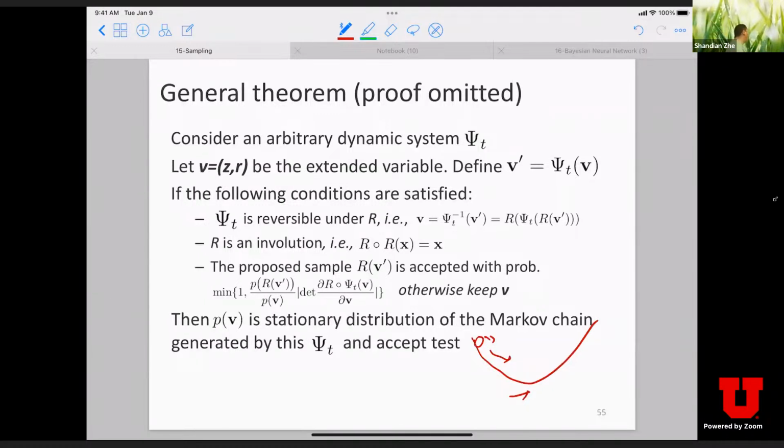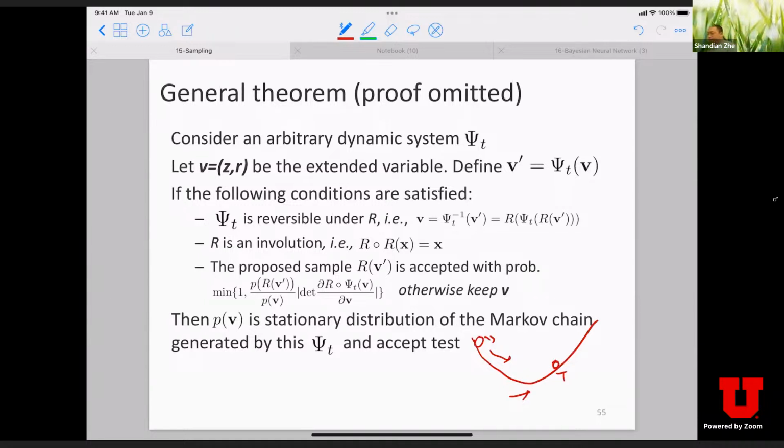And the idea is that we can choose some time duration, say t, and read out the state of this ball, including its position and momentum, and use that as your sample proposal. Then you apply a Metropolis-Hastings acceptance test to decide whether you are going to accept this proposal as a new sample. This is how we integrate the Hamiltonian system into Markov chain Monte Carlo sampling.